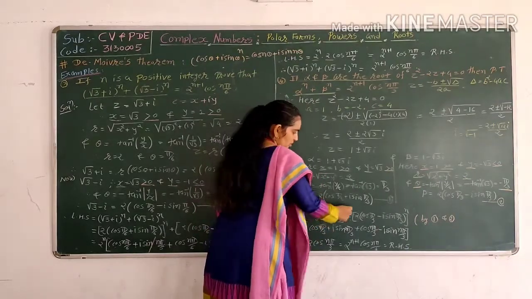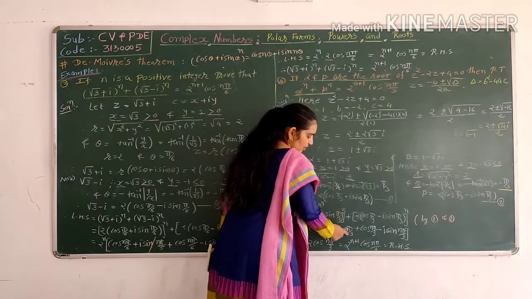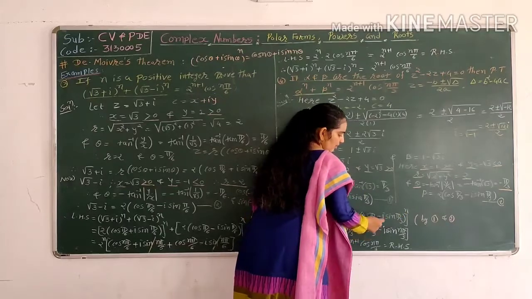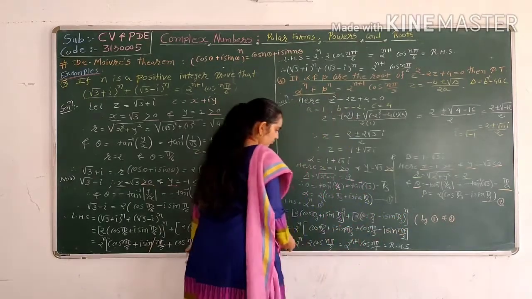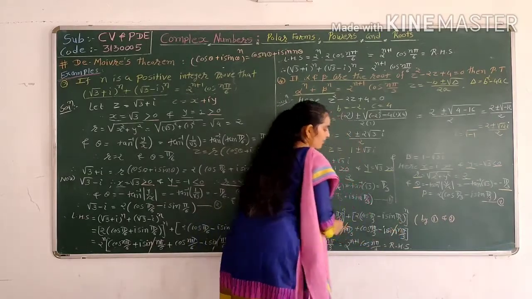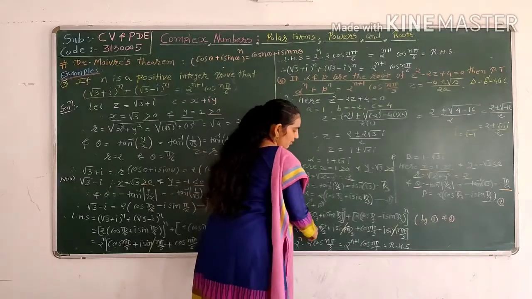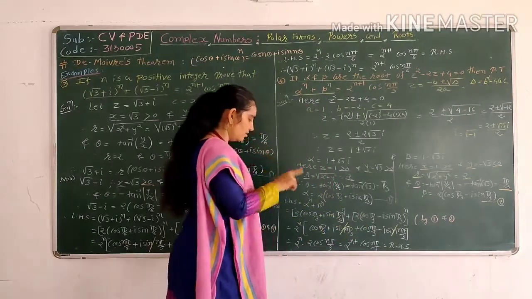Therefore cos n pi by 3 plus i sin n pi by 3 plus cos n pi by 3 minus i sin n pi by 3. Now here i sin n pi by 3 plus and minus cancel out. Cos n pi by 3 plus cos n pi by 3 is 2 cos n pi by 3.